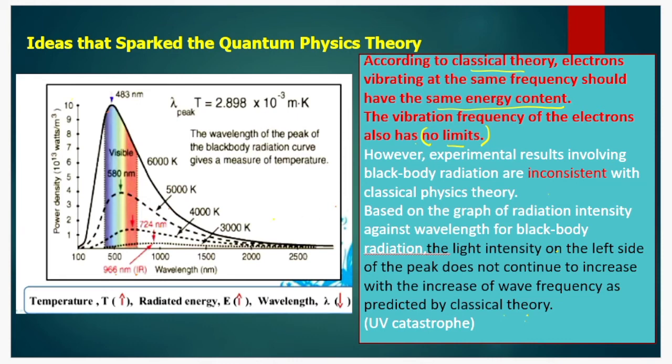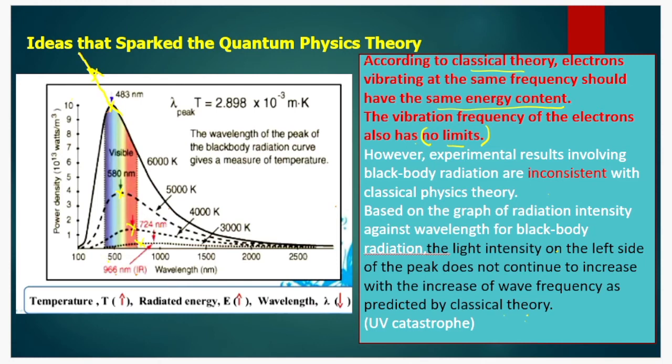However, experimental results involving black body radiation are inconsistent with classical physics theory. Based on the graph of radiation intensity against wavelength for black body radiation, the light intensity on the left side of the peak does not continue to increase with the increase of wave frequency as predicted by classical theory.